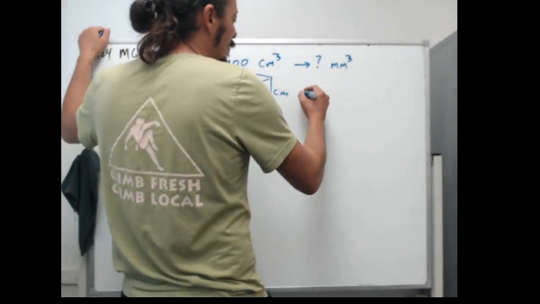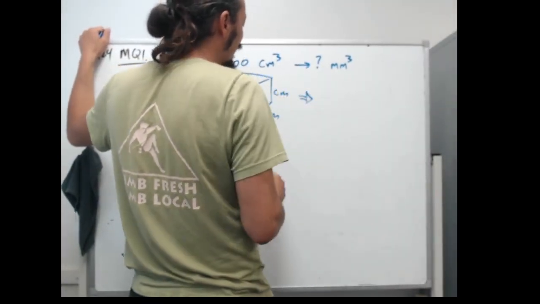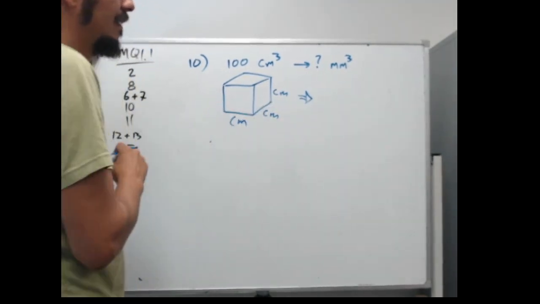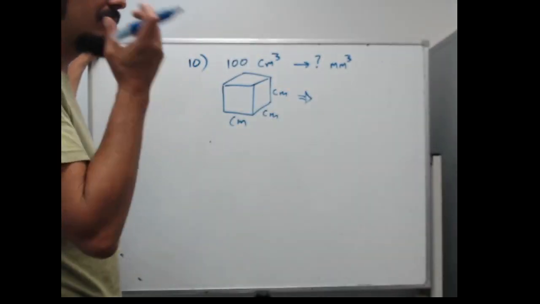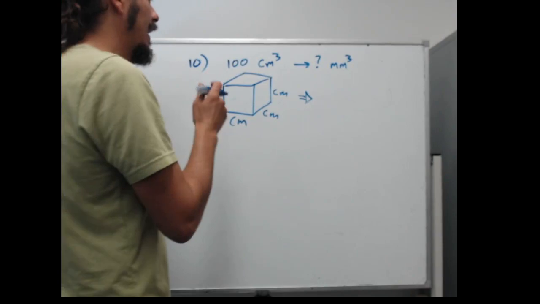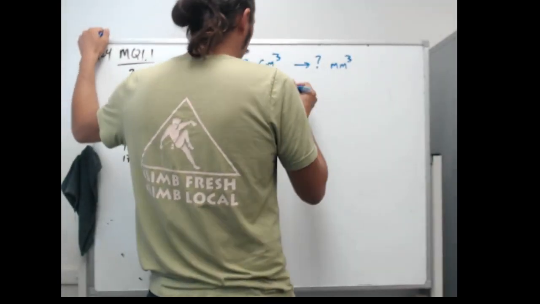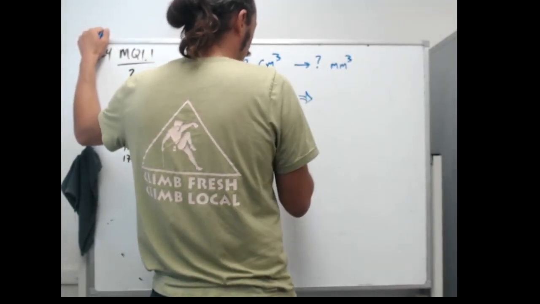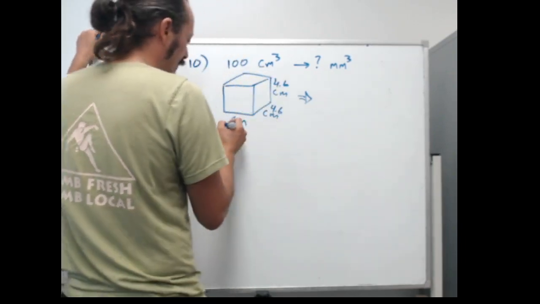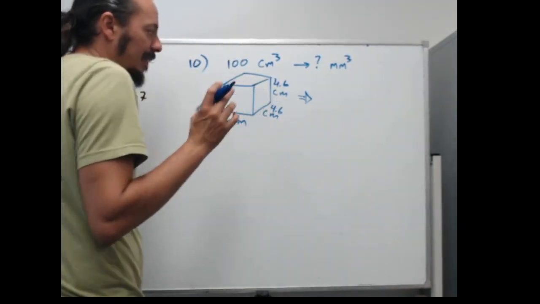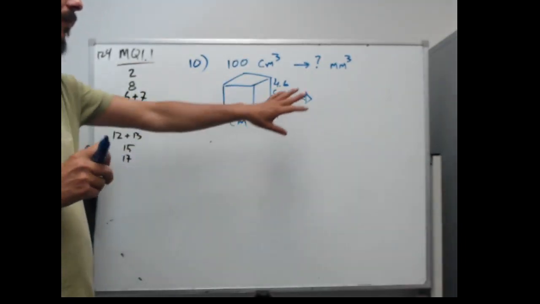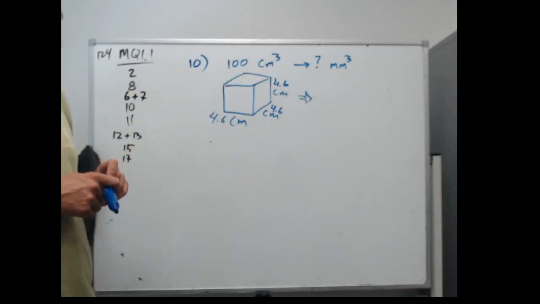Now, in order to get this to millimeters, I have to take each side and convert each side. If this was 4.6, I find it easier to think about with numbers. Millimeters is a factor of 10 smaller.